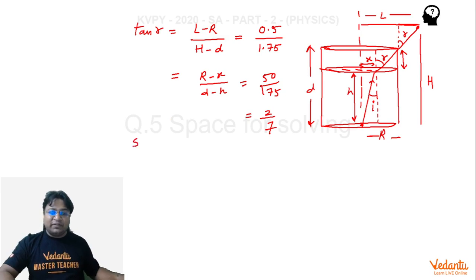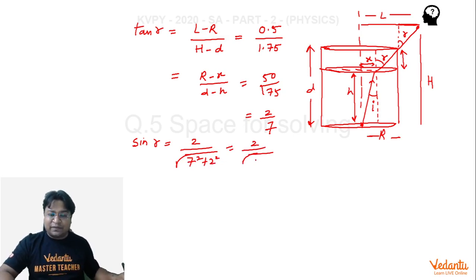So we can find the value of sine r also. The sine r would be 2 divided by root of 7 square plus 2 square. So that would be 2 divided by root of 53, I suppose. Okay, so that is sine r. Now using this we can also find the value of sine i, because we can write n times sine i is equal to sine r.